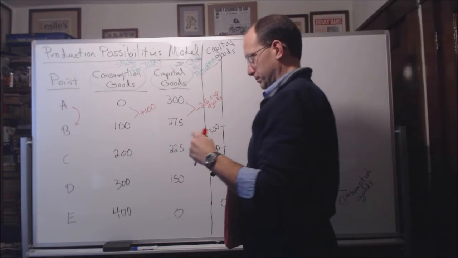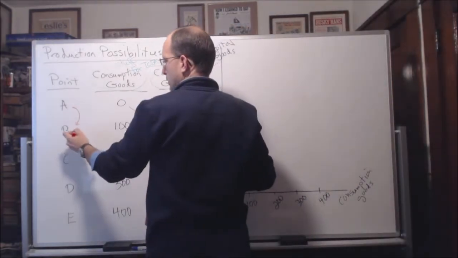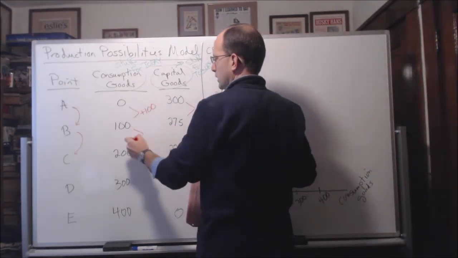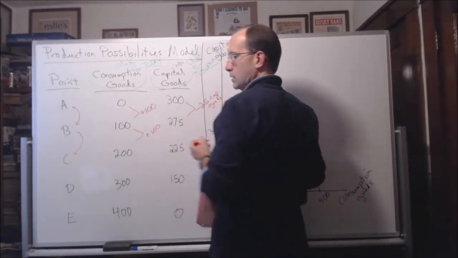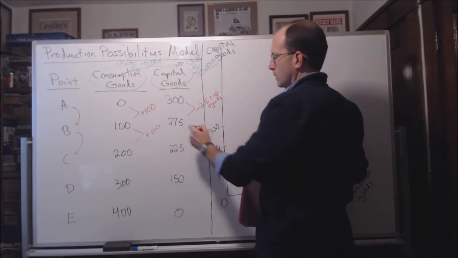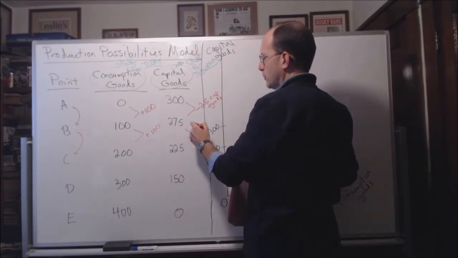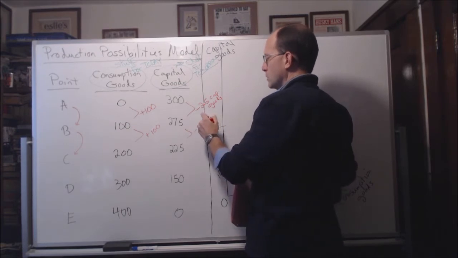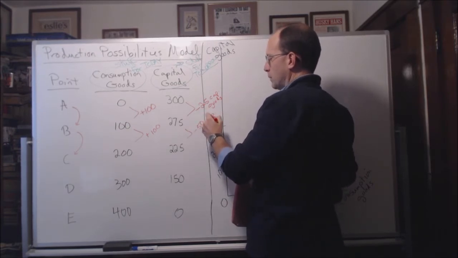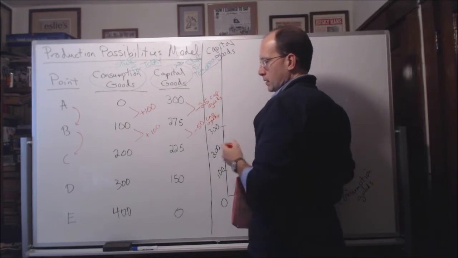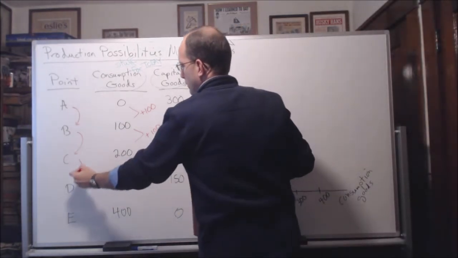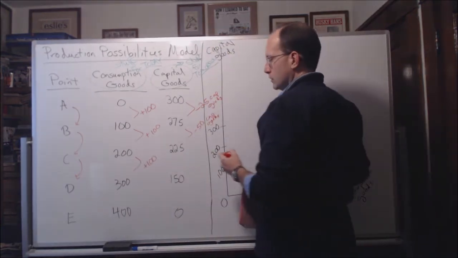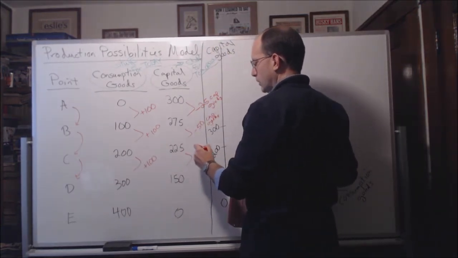That's the trade-off. Question 2 says, well, what's the opportunity cost of going from B to C and producing yet 100 more consumption goods? And if you look at the math here, that means capital good production goes from 275 down to 225, which is a loss of 50 capital goods. And if you answer the next question and go from C to D and produce 100 more consumption goods, the sacrifice gets even bigger.